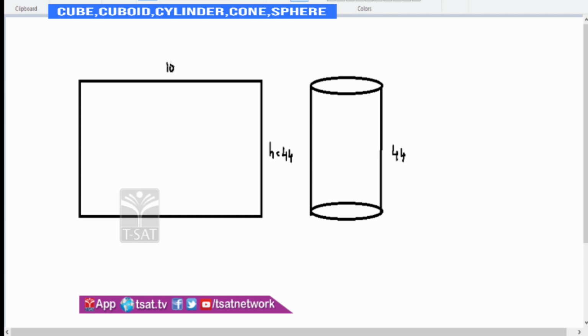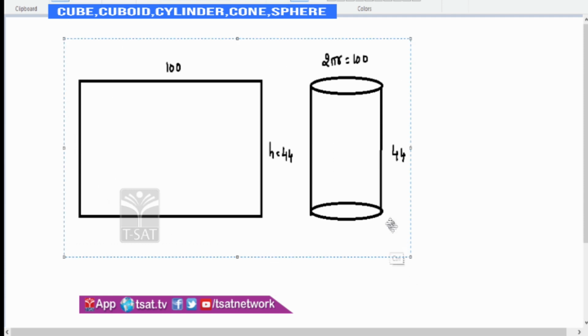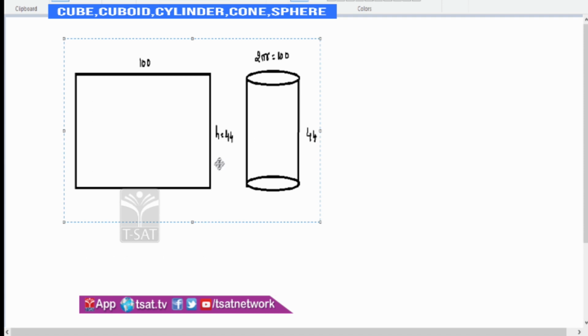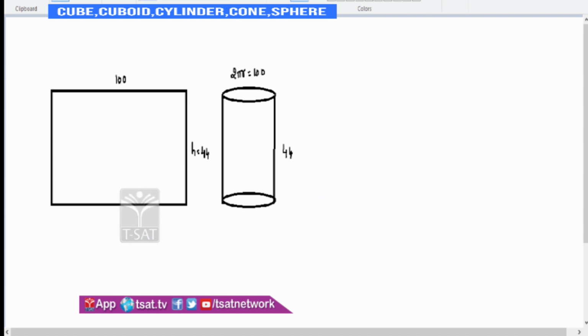This 100 becomes the perimeter. Therefore 2 pi r is equal to 100. So you need to find the radius of the cylinder, and from that you can find the volume of the cylinder. Now see here, radius is equal to 50 by pi. Volume is equal to pi R square h, so 50 into 50 by pi square into 44.